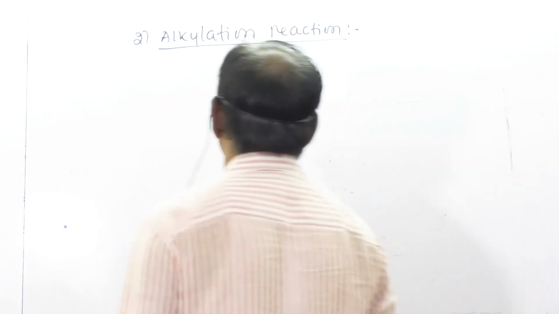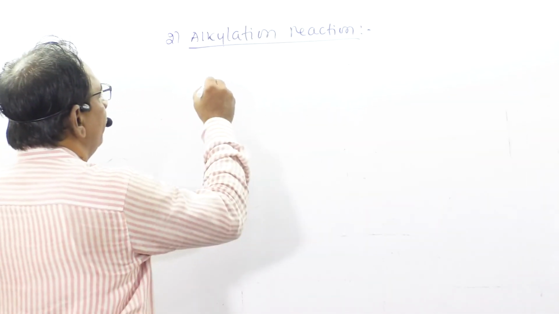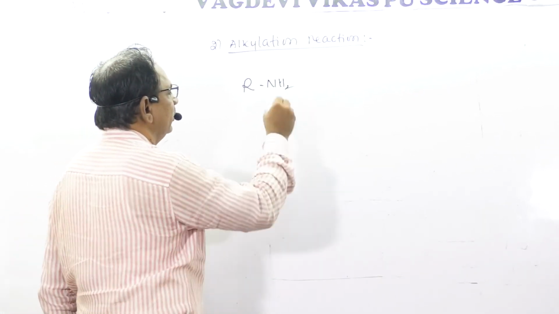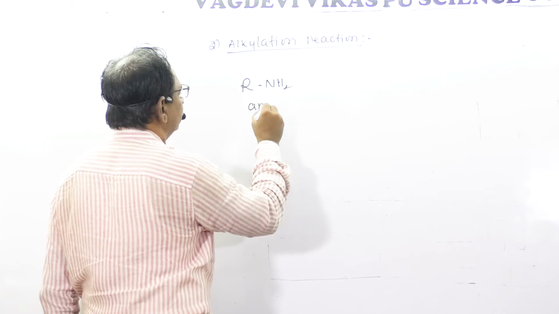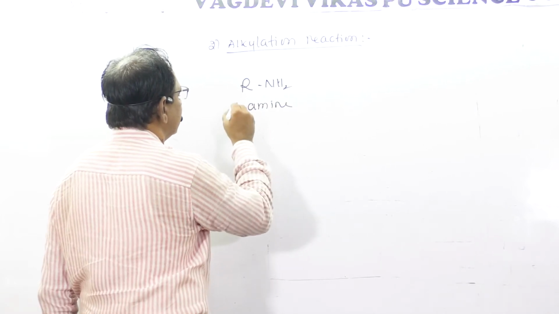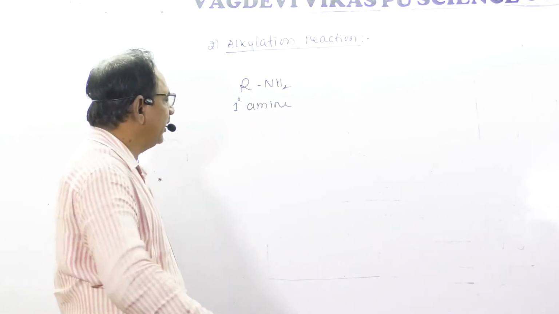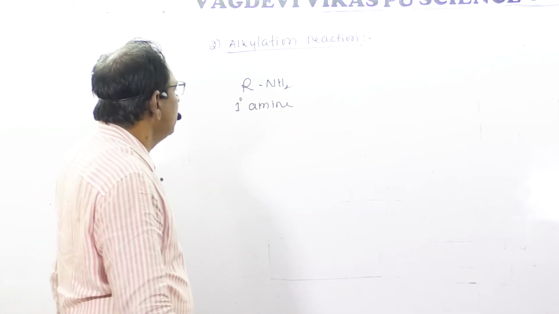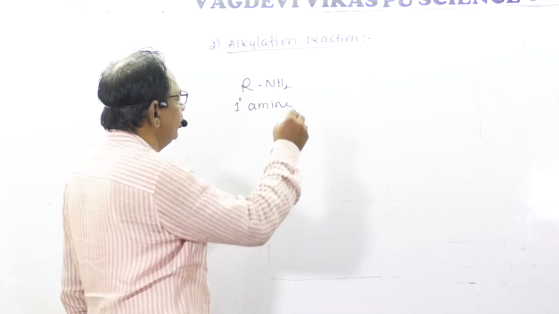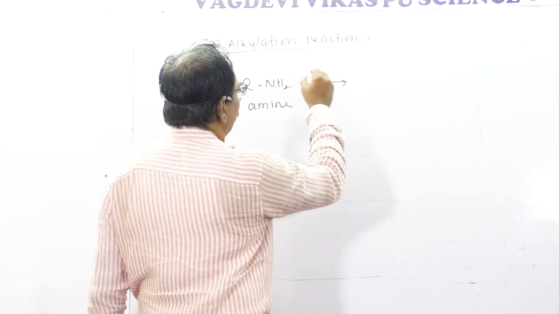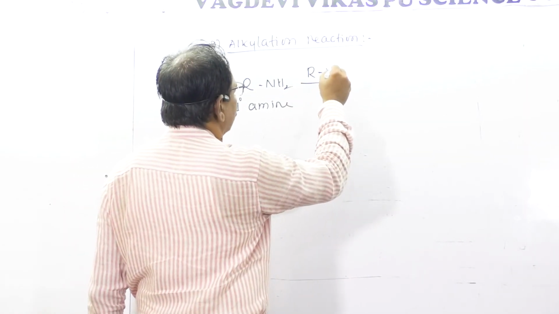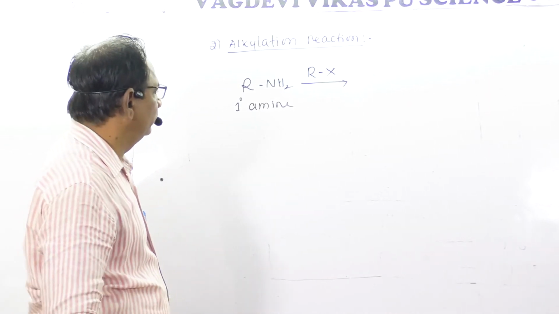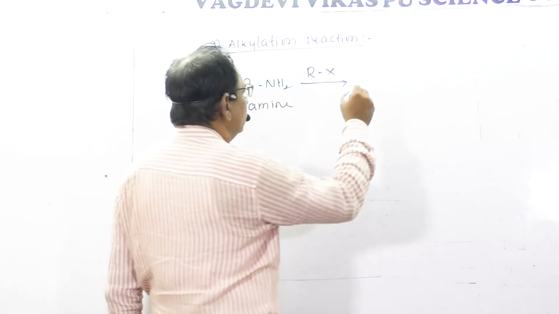Alkylation reaction means, for example, RNH2. This is an amine, an example of a primary amine, whether aliphatic or aromatic. Alkylation means substitution of an alkyl group, that is RX, where RX is a haloalkane.